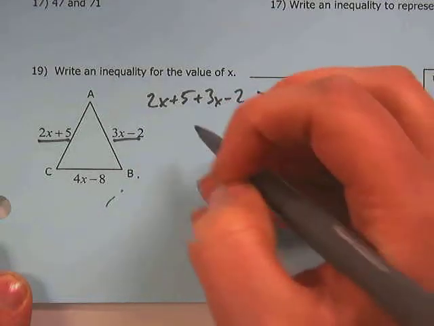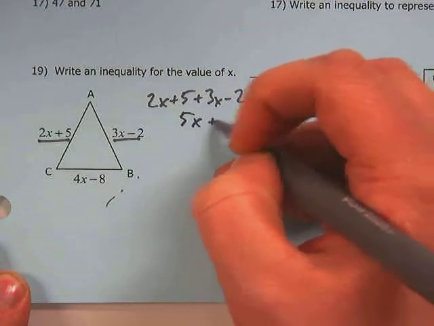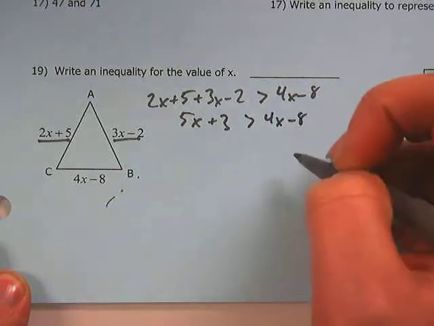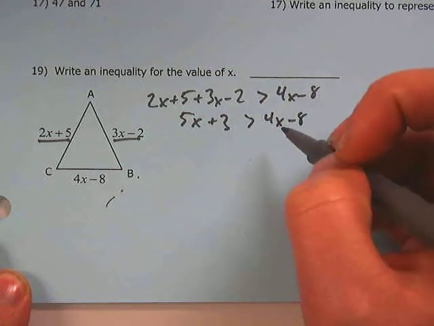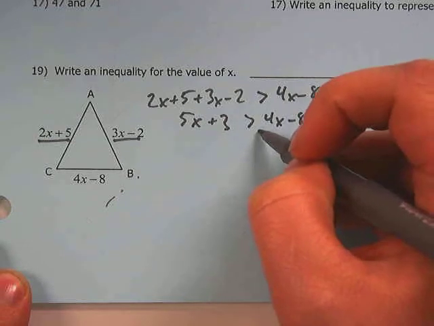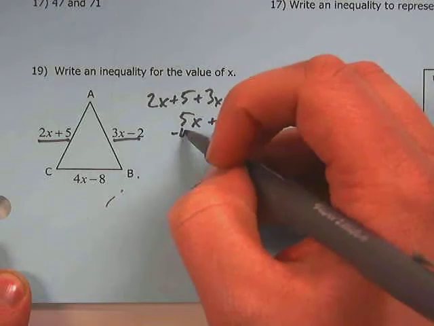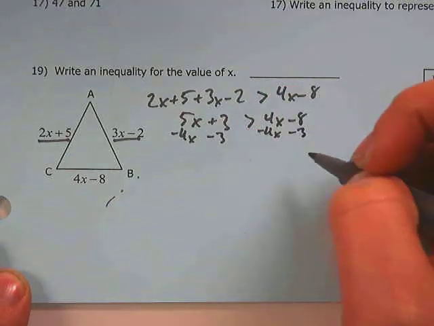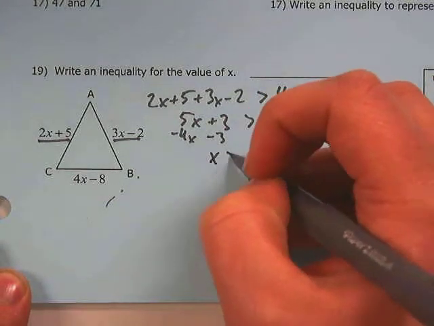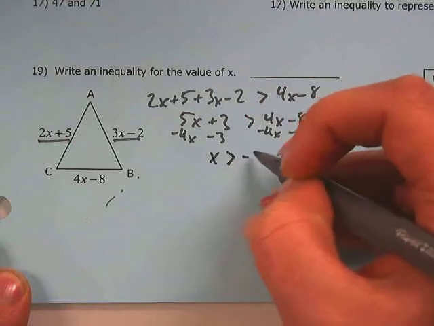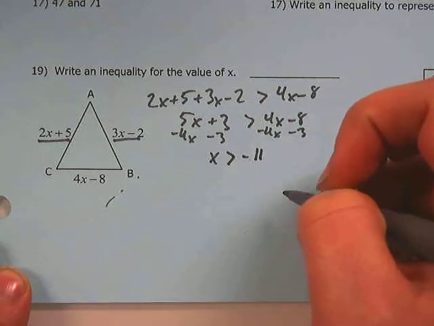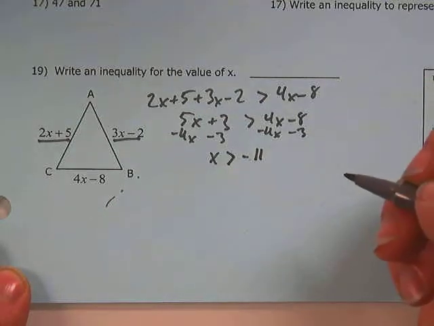Combining like terms over here, we get 5x plus 3, and then subtracting 4x from both sides and subtracting 3 from both sides, we get that x is greater than negative 11. Okay, so we know x has to be bigger than negative 11 to start off.